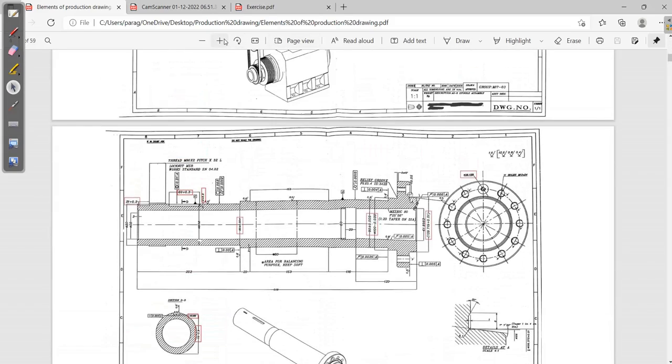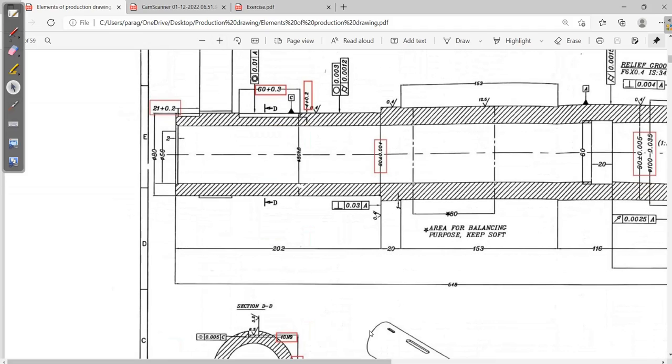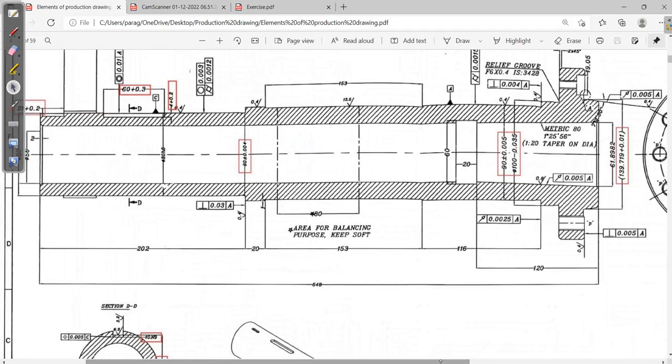If you see this diagram, the spindle diagram, along with all the tolerances I will also mention these things. This is called surface roughness. In this case, I kept the surface roughness as 12.5. On this particular surface the roughness is 12.5 micrometer.